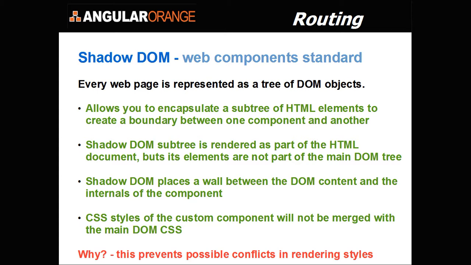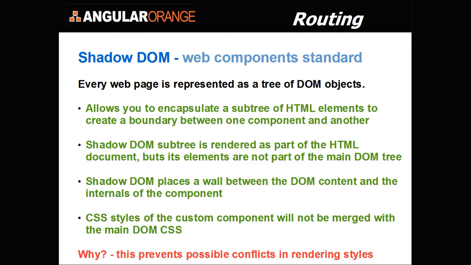How does it do this? Well, it introduces a namespace within that subtree so your component template can have its own styles that don't clash with the main application. Okay, Shadow DOM subtree is rendered as part of an HTML document, but its elements are not part of the main DOM tree. Or at least that's the way it appears.